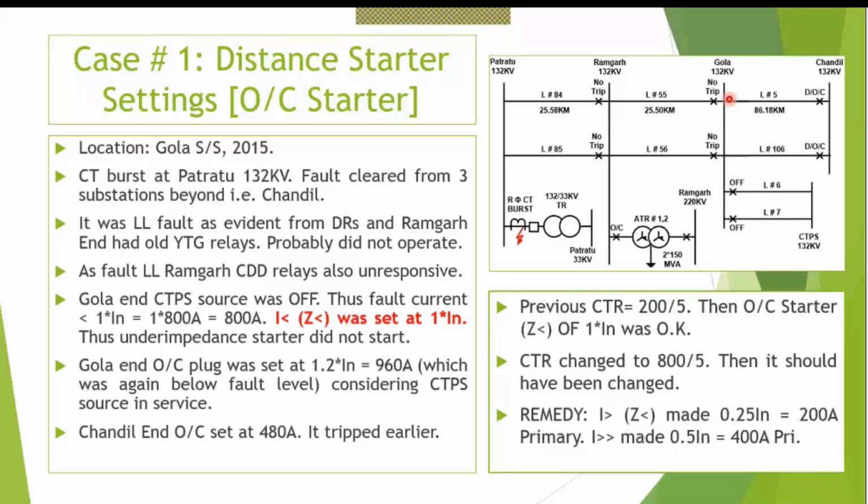So the fault current did not rise to 800 amperes for these two relays. But this particular relay, being a P442 MiCOM relay, has its overcurrent starter default at, I think, 10%. 10% is the overcurrent starter value.